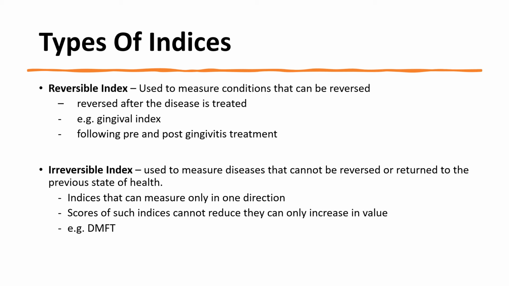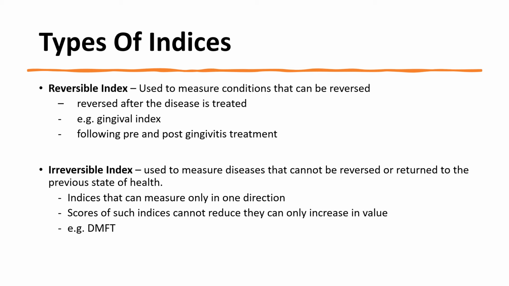So you see a patient with early stages of gingivitis, you give the patient the accurate treatment, and the situation is resolved, and this condition is reversed. So the condition is able to return back to the original state of health. The gum returns back to the original state of health.